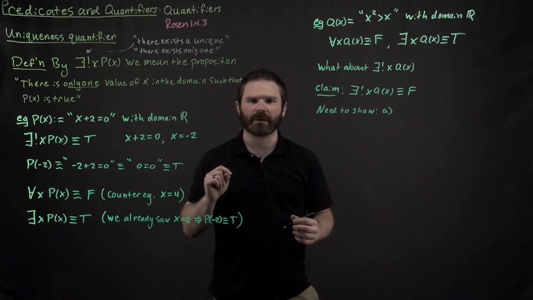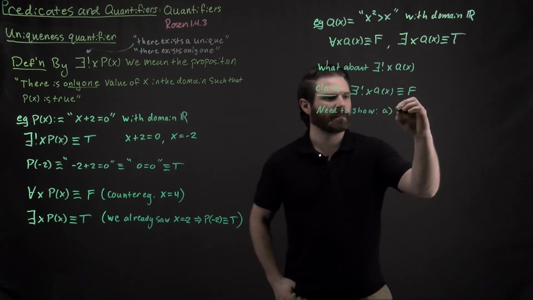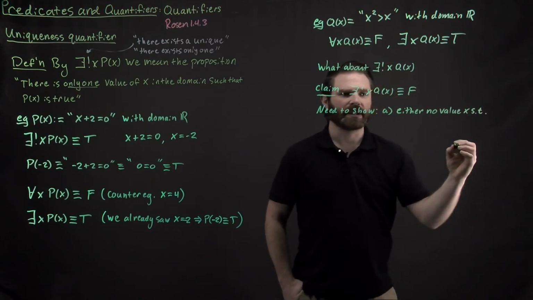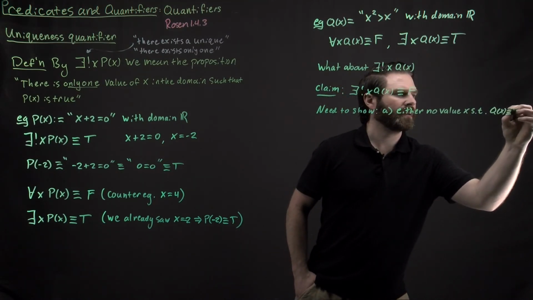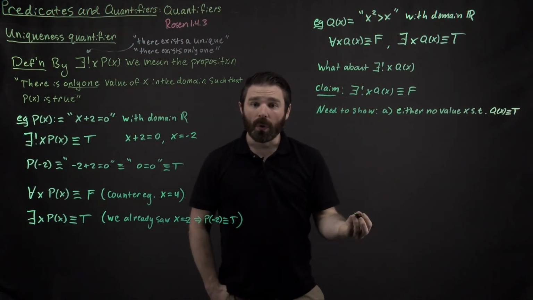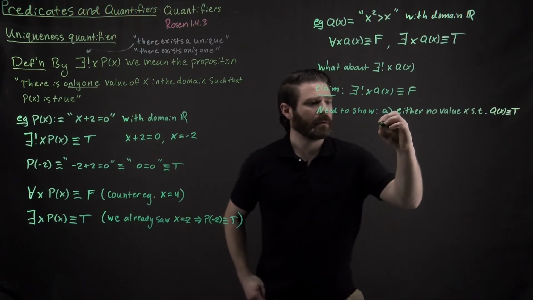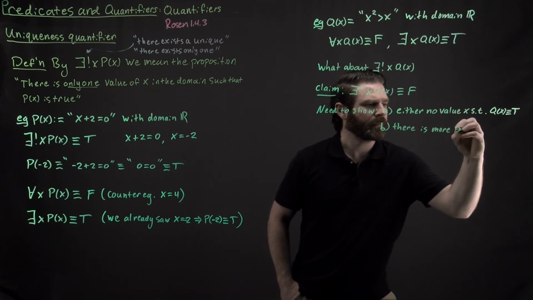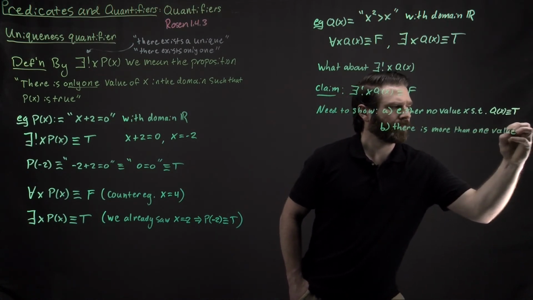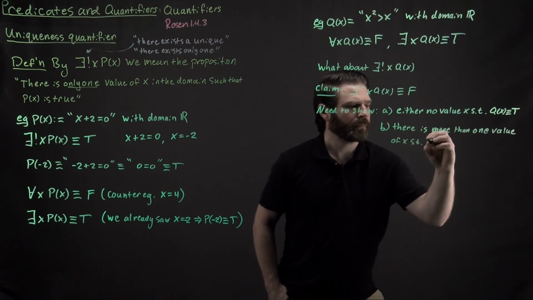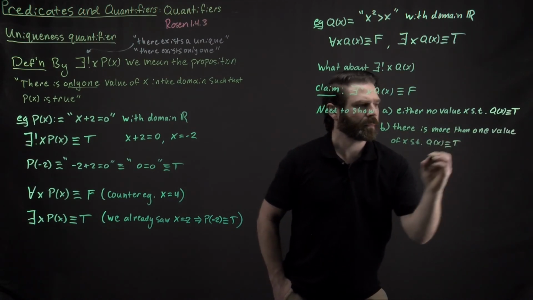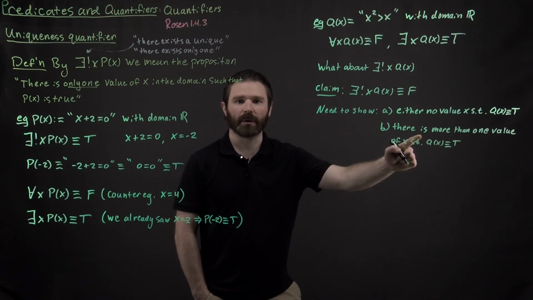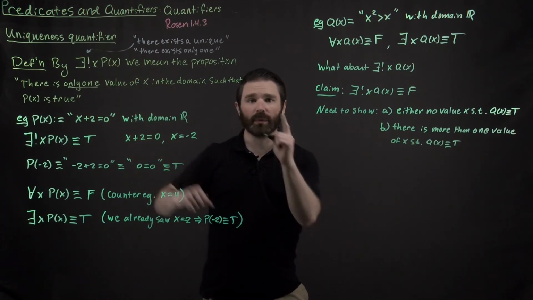So I would either have to show that there is no value of x such that q of x is true, or I would have to show that there's more than one value of x such that q of x is true, because our uniqueness quantifier says there needs to be one and only one.